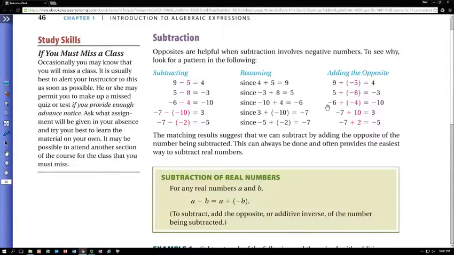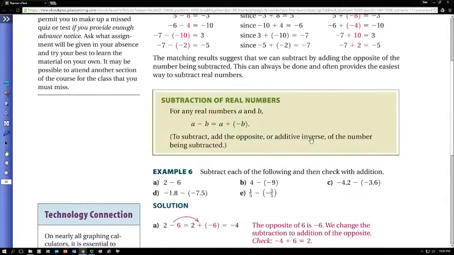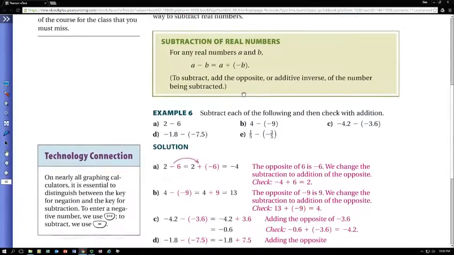The commutative allows me to change order, and the associative allows me to change grouping. That does not work on subtraction, but it does work on addition, which gives me more opportunities to problem solve. I have more tools I can use when it's in addition. And that's this law, that I can change any subtraction into an addition by adding its opposite, or additive inverse, or negative 1 times what's being subtracted. Okay?